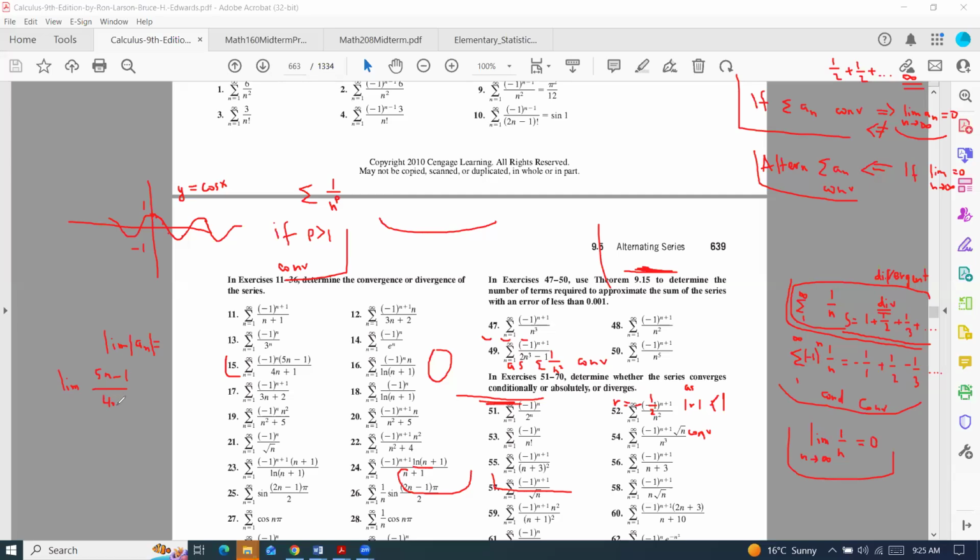When n approaches infinity, we always use the same thing here, like L'Hopital's rule. You can take the derivative of your numerator and the derivative of your denominator. The derivative of the numerator will be 5, right? Because the first power of n will become 1. And for the denominator it is 4. So the limit is not 0, and not 0 means the series is divergent.